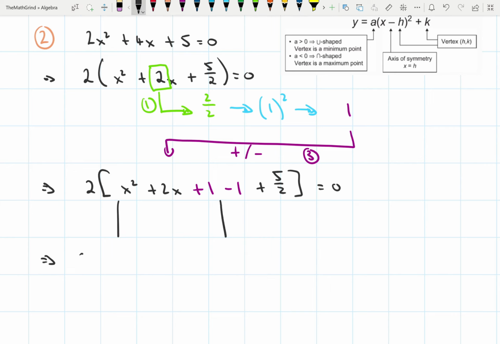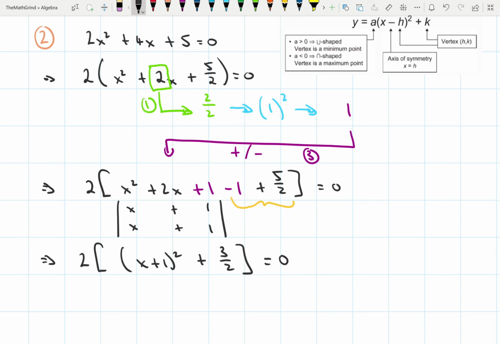So again, I'm going to be left with 2 here, but now to factorize this, or use the bracket method to factorize this mini quadratic that I'm left with here, it's going to be x plus 1 all to be squared. So x plus 1 all to be squared. Don't forget again that we have minus 1 plus 5 over 2, so that should leave us with plus 3 over 2, and that's equal to 0.